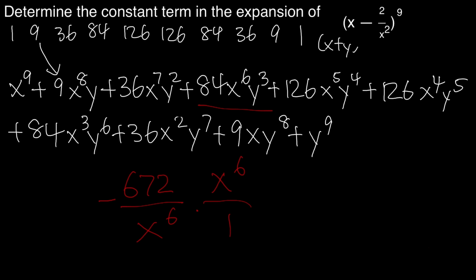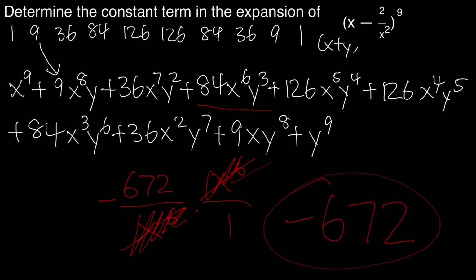And conveniently enough, the two x to the 6ths cancel out. So no more x to the 6th. And we're left with our answer: negative 672 is the constant term in the expansion of x minus 2 over x squared, all to the 9th power.